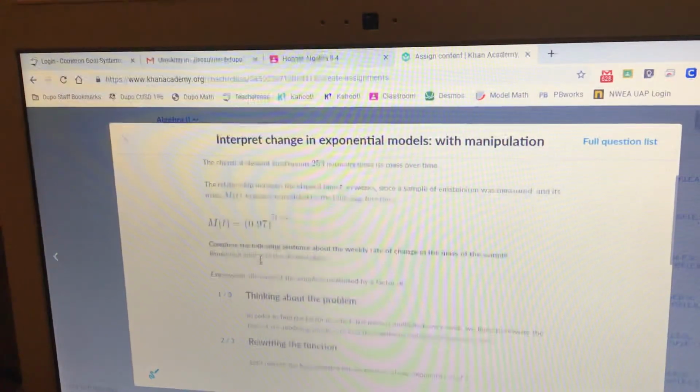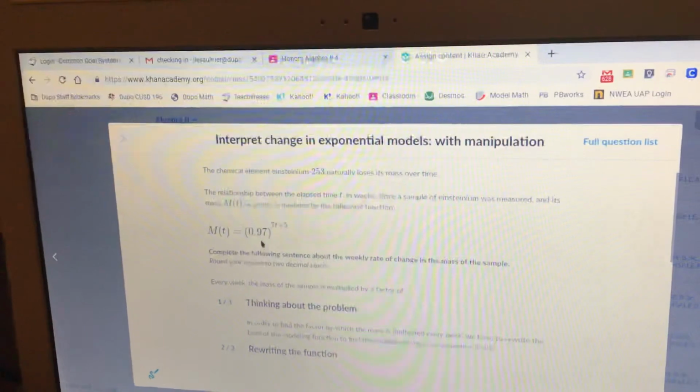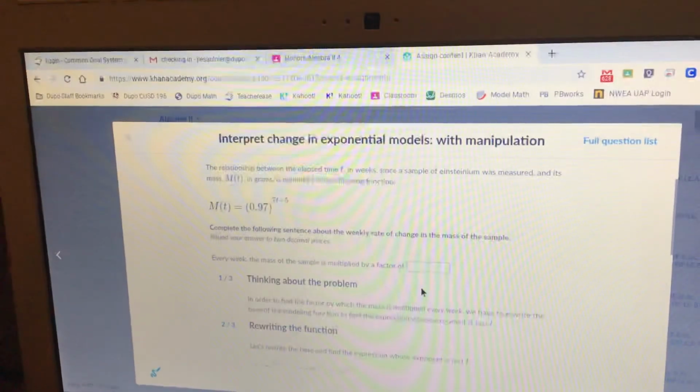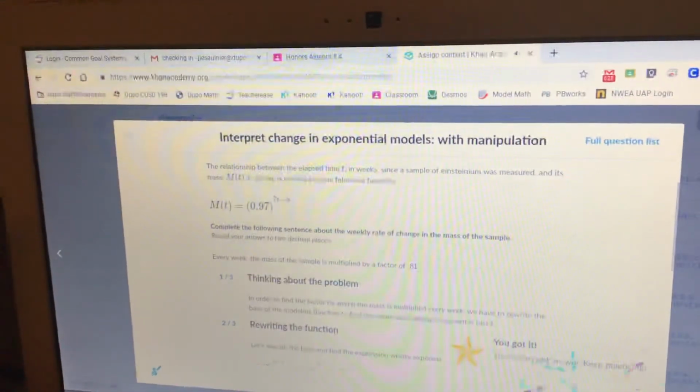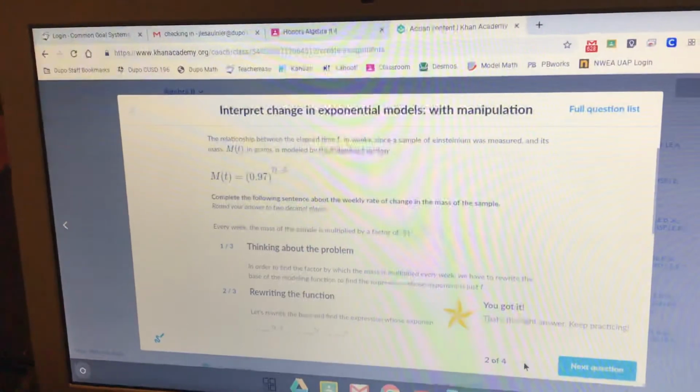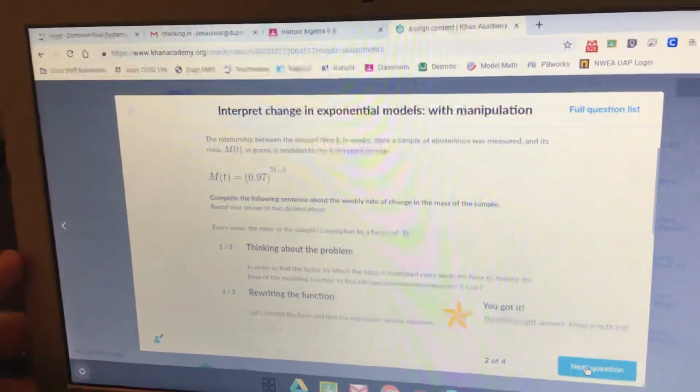So if I just take 0.97 to the 7th, which was 0.81 according to them. Now notice I used hints, so it's not giving me credit for it. That's fine. If I do this once or twice and get a feel for it, I can retry the assignment and do better the second time around.